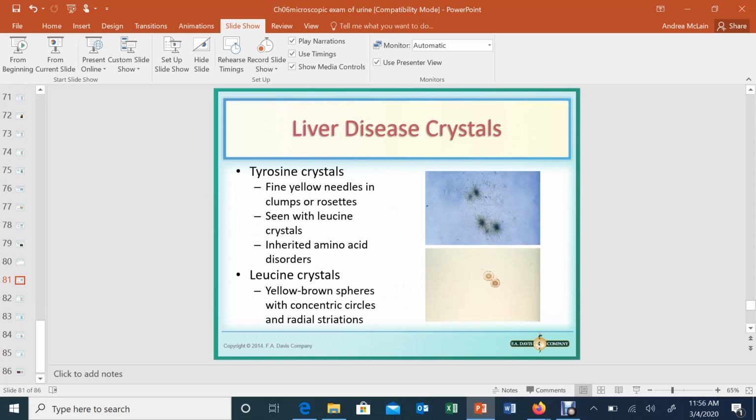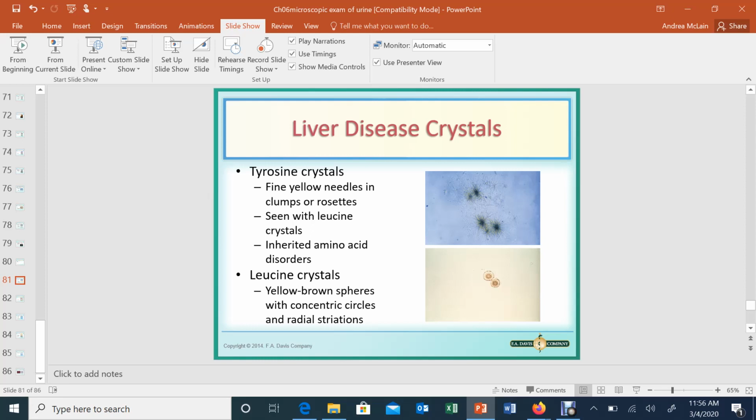Leucine. I did do an illustration of it on the crystal page. And so what it is, is yellow-brown spheres with concentric circles and then radial striations. So what that means is there's circles, and then crossing across it and out are striations or lines.